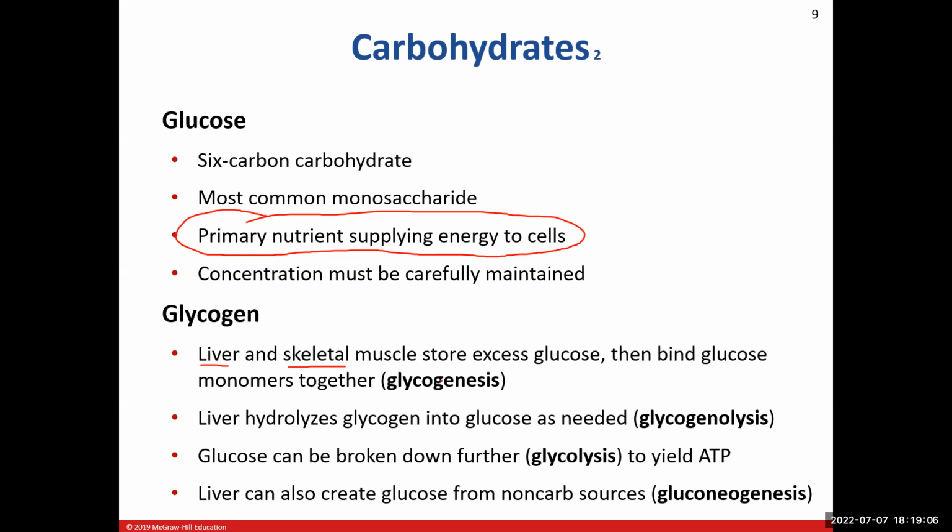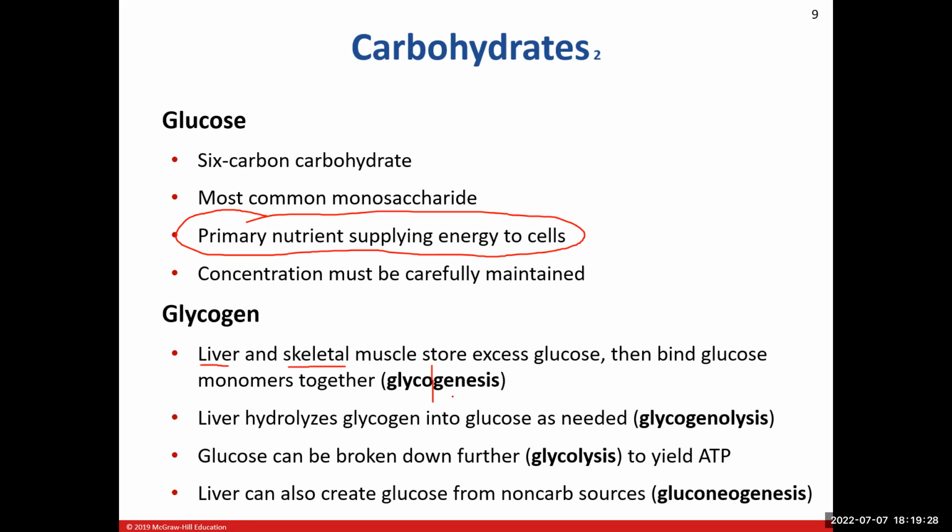The first part, glyco-gen, represents glycogen, and then genesis means to make or create. So glycogenesis is the making of the glycogen molecule, and that is just a long string of individual glucose molecules attached to one another.